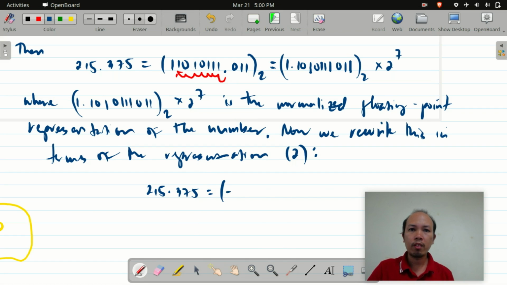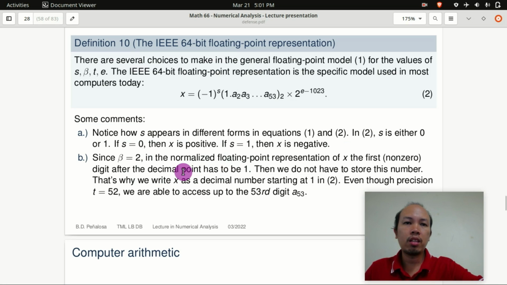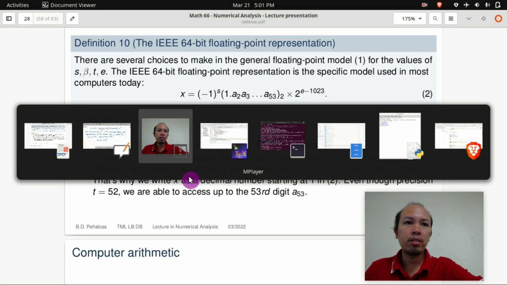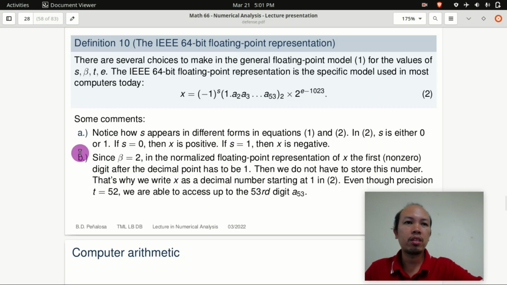Our s should be 0. Why? Because our number is positive. Next is 1 point something.